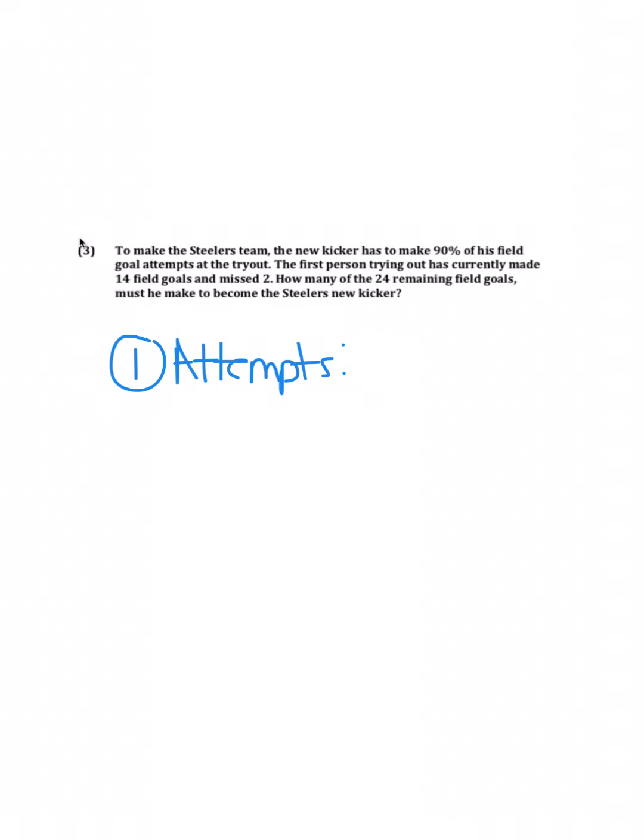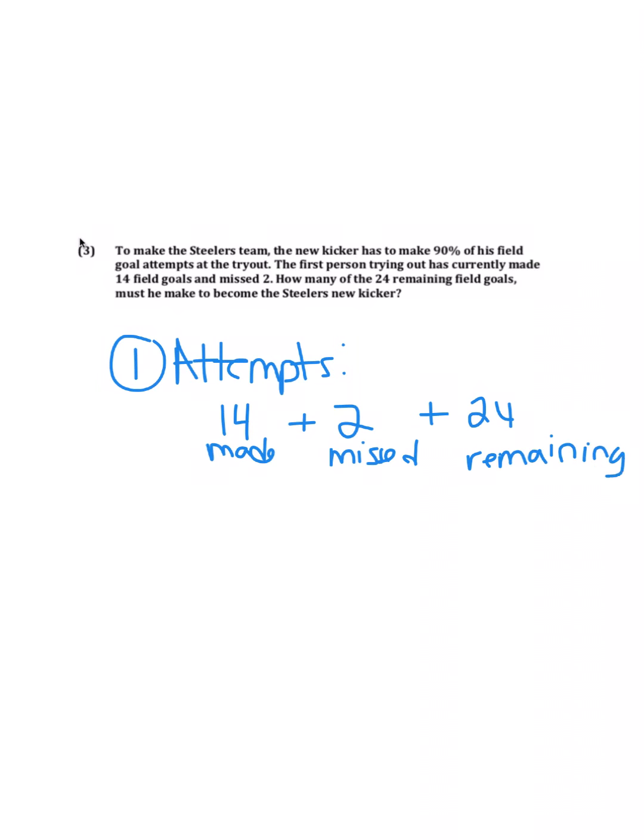First, I know that right now he has made 14, so there's 14 made, plus I know that he has missed 2, plus I know it says that he has 24 remaining. So when I total all of those up, that tells me that he ends up getting 40 total attempts.